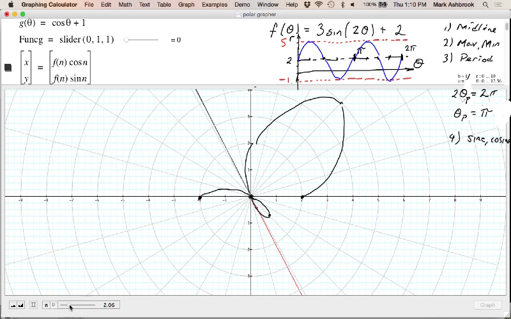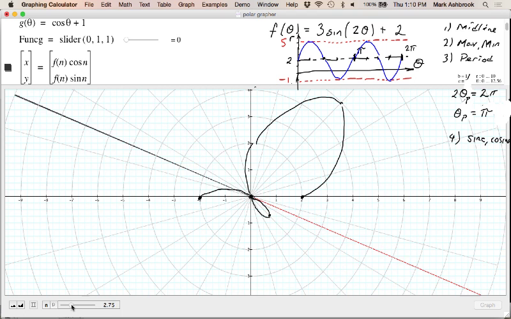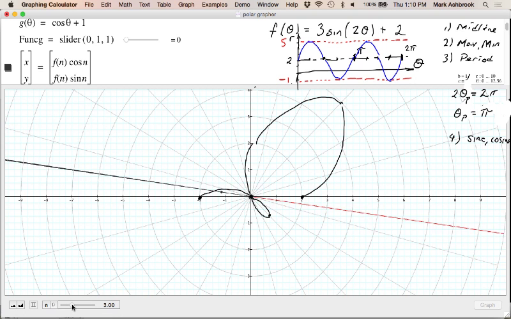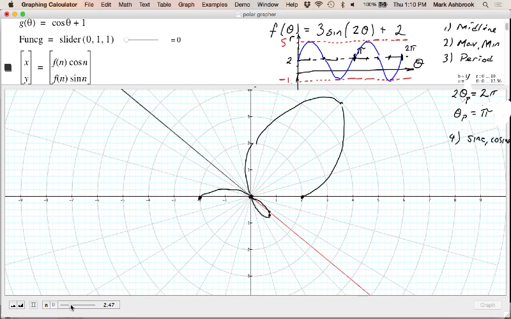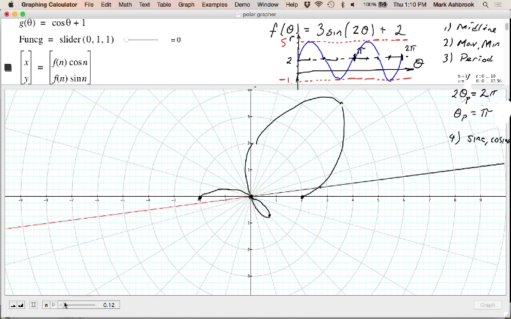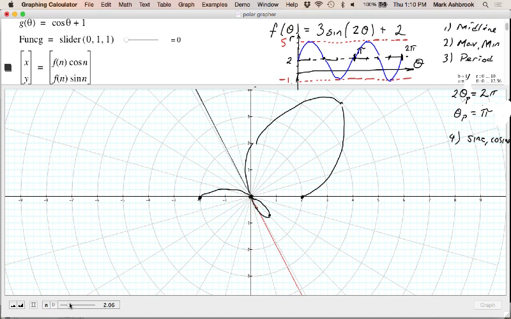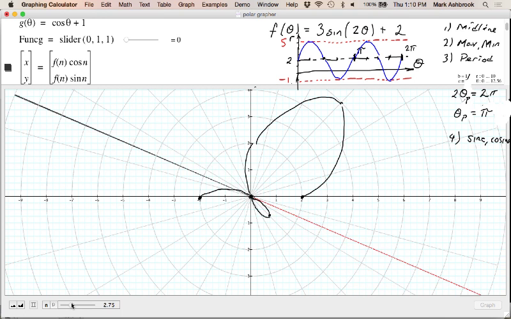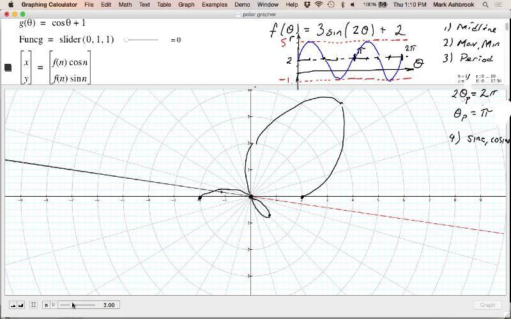Go through 0, out to negative 1, and back to 2. So I did pretty good. So 2 to 5 to 2, through 0 to negative 1, back through 0 to positive 2. And that's the first cycle.